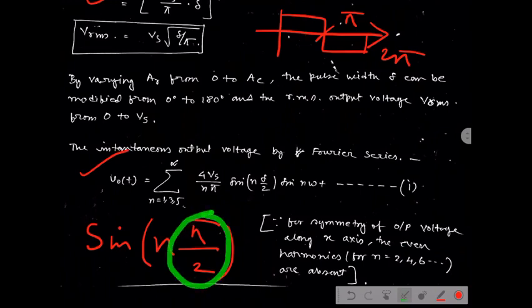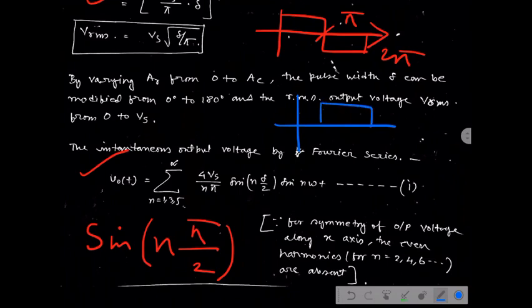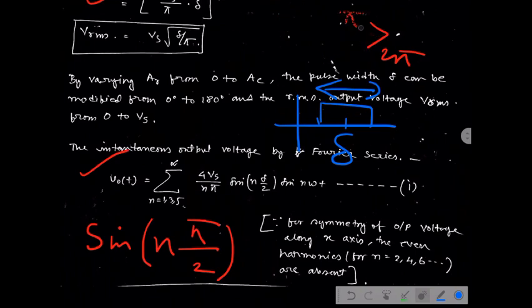In this case, the width of the pulse is determined by this one, and it has the width delta. So the midpoint is this one. That is why we should take care of the value delta by 2. This is a small change given over here.